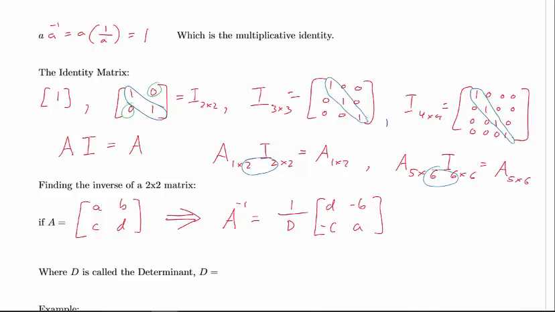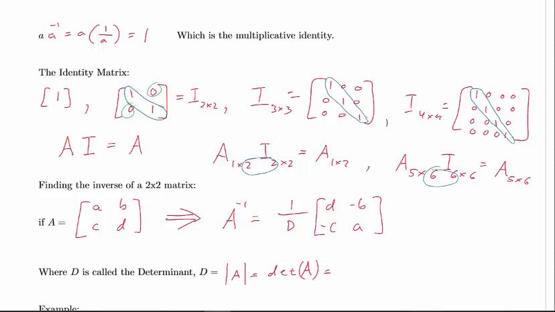So what is D? D is the determinant. First off, a couple of notations: you can write the determinant with the same symbol as absolute value around the matrix A, also written as det of A. But ultimately, what does it equal?